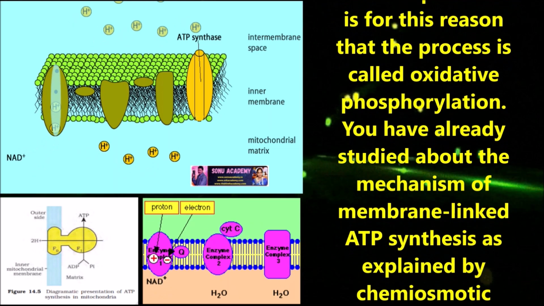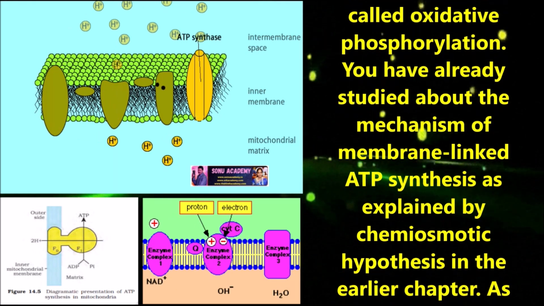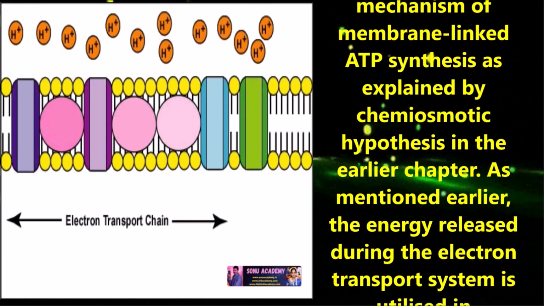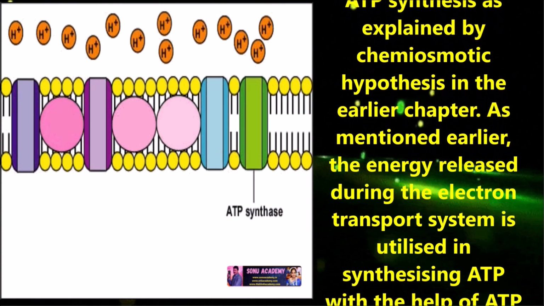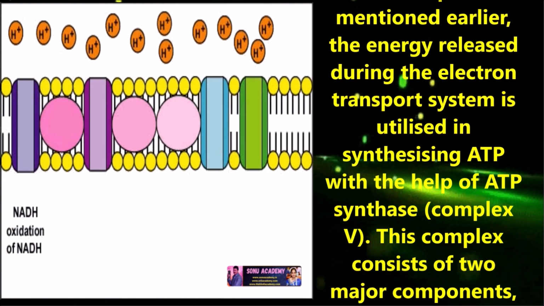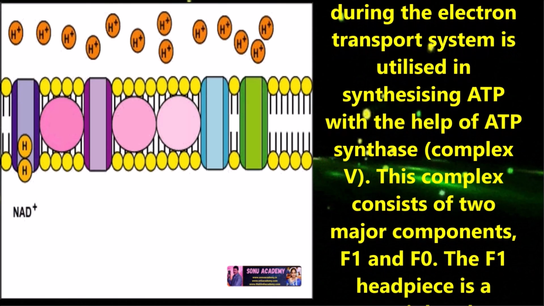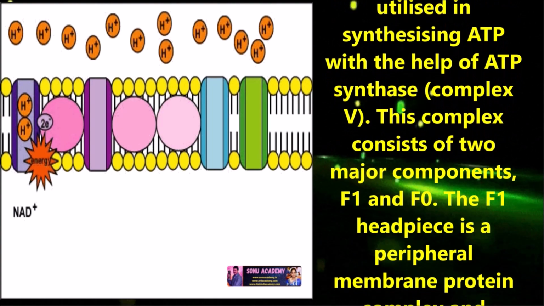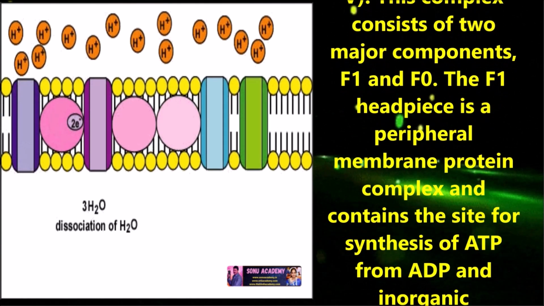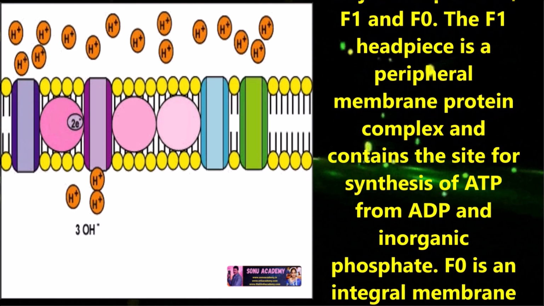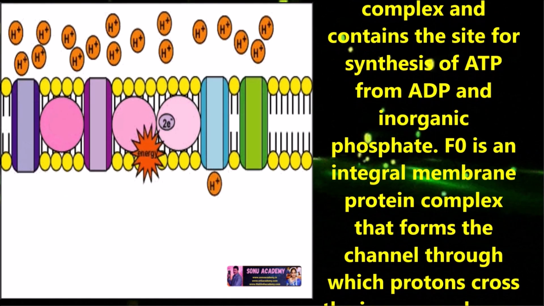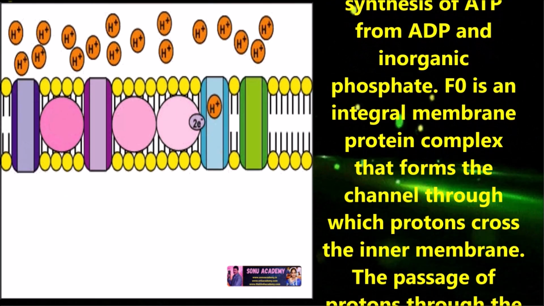You have already studied the mechanism of membrane-linked ATP synthesis as explained by the chemiosmotic hypothesis in the earlier chapter. As mentioned earlier, the energy released during the electron transport system is utilized in synthesizing ATP with the help of ATP synthase. This complex consists of 2 major components, F1 and Fo. The F1 head piece is a peripheral membrane protein complex and contains the site for synthesis of ATP from ADP and inorganic phosphate.